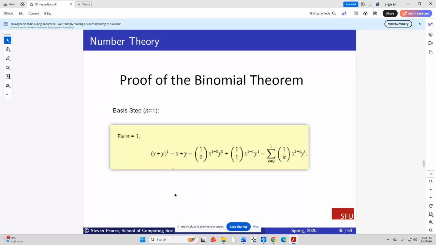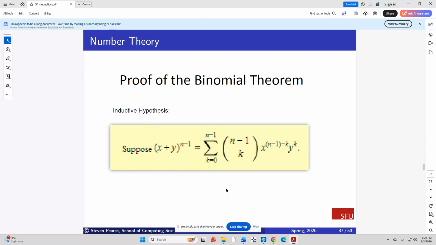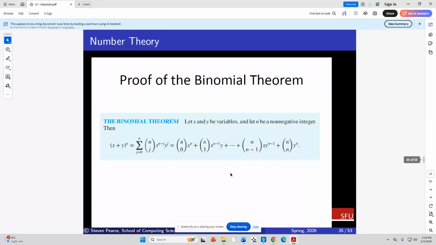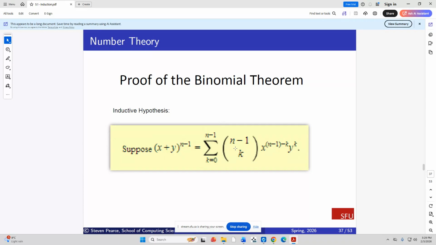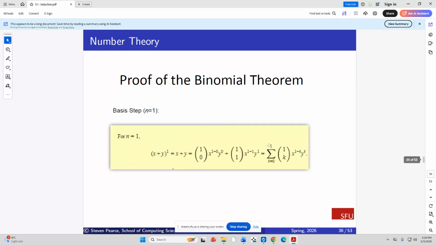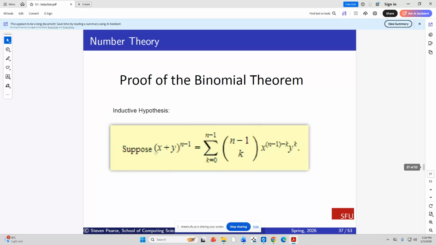So I want you to go through this yourself. I'm not going to go through this with you. I always make students do this; it could be on the final exam, and I've given it to you. You just have to go through these steps. Of course, that's the basis step. Then you presume the inductive hypothesis. You can see that that's a little different from what I showed you earlier, but these two statements end up being equivalent.